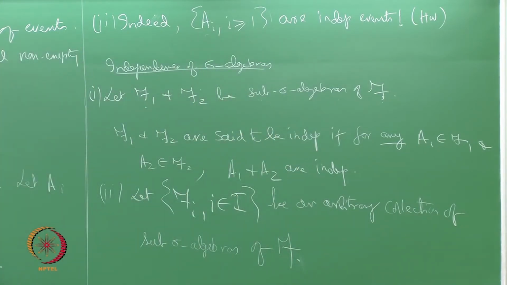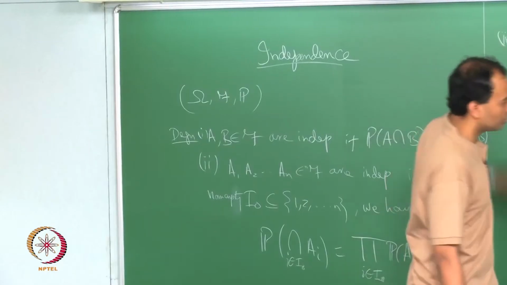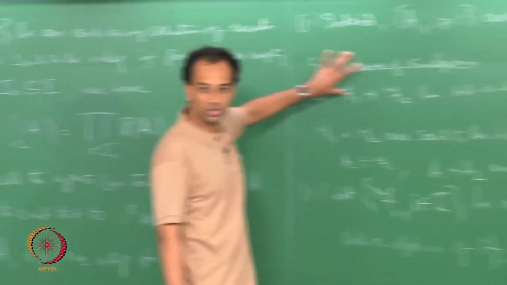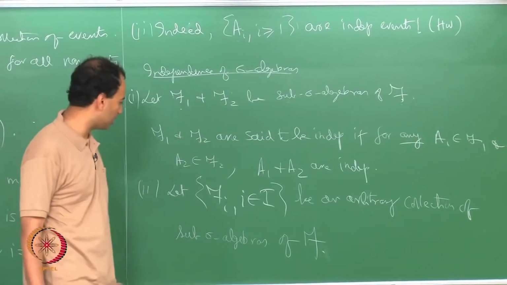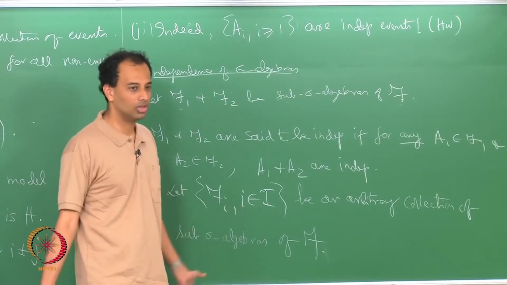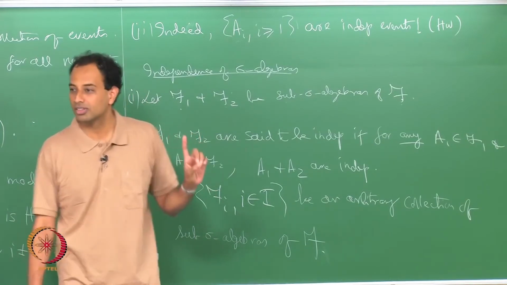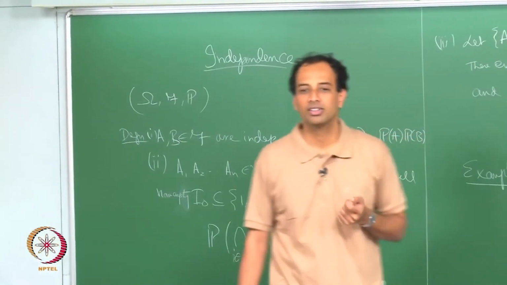So, the next logical step is, see, we went from 2 events to some collection of events. Similarly, we are going from 2 sigma algebras to some arbitrary collection of sigma algebras. This I may be finite, infinite, even uncountable probably, right. They are all sub sigma algebras of F. Okay. What do you expect now? What do you think the definition should be?